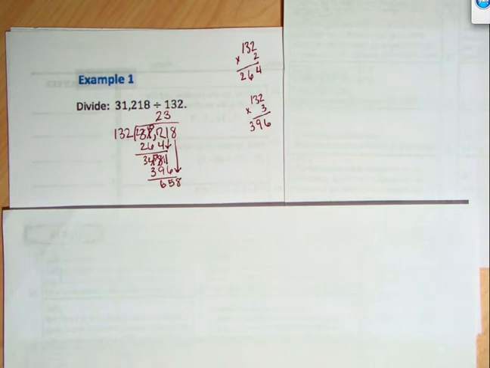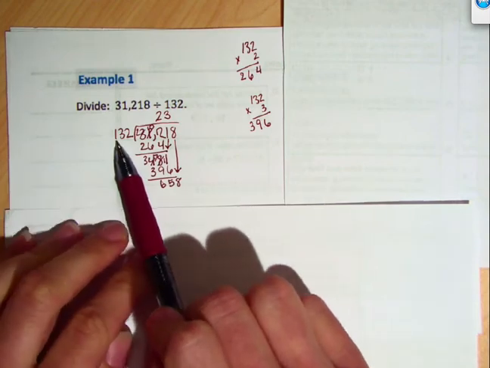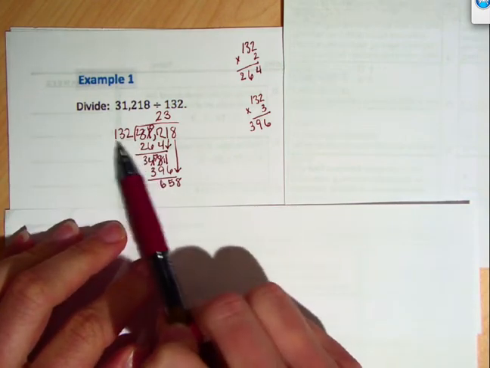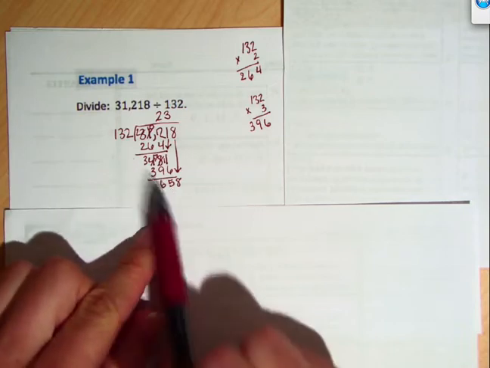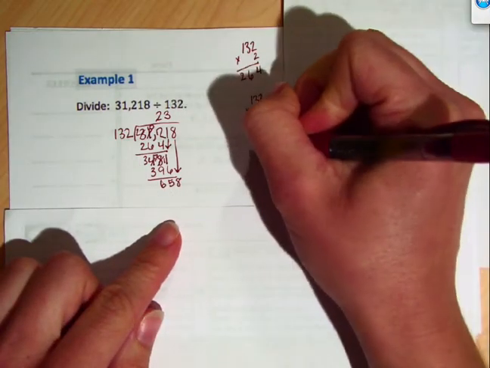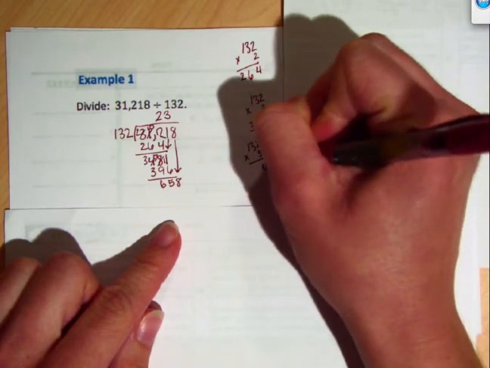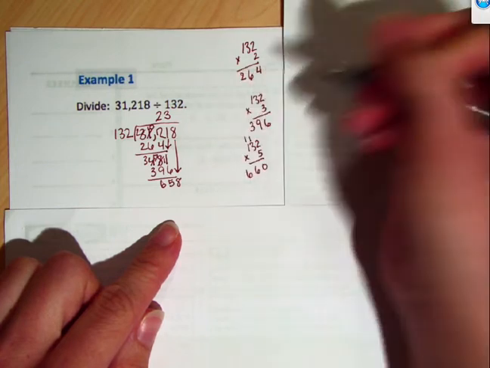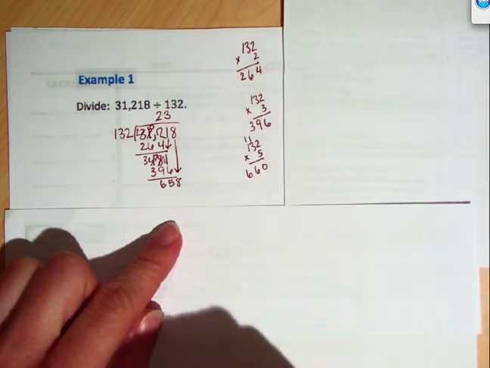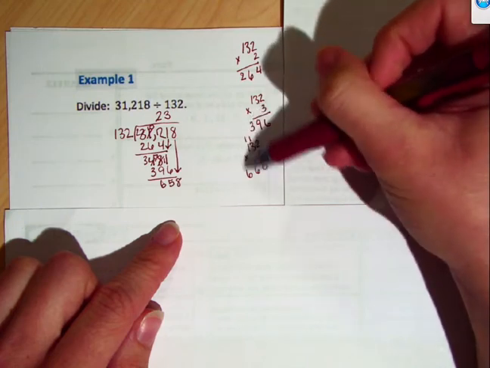I'm going to say maybe 5 times. Let's see, if this was 15 and this was 60, it would go 4 times, but that's a little more. I'm going to try 5 times. 5 times 132 is 660.